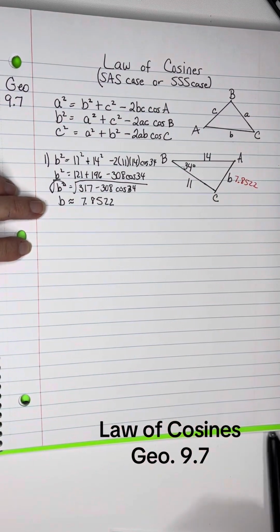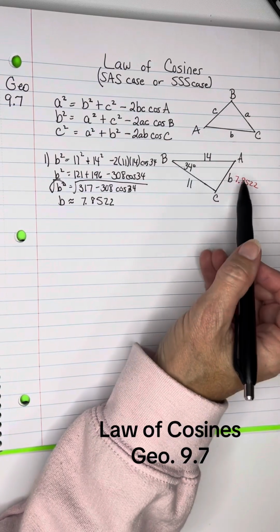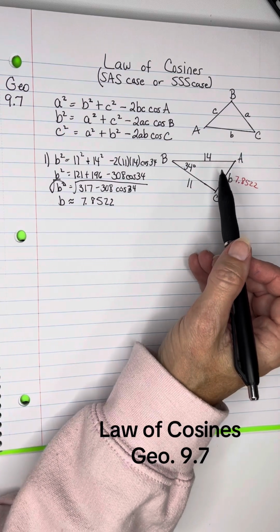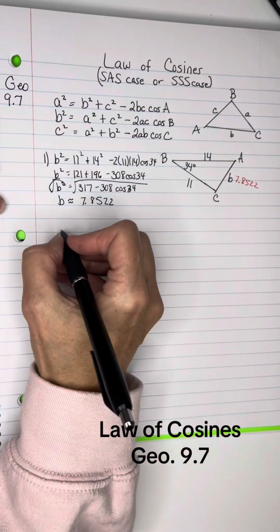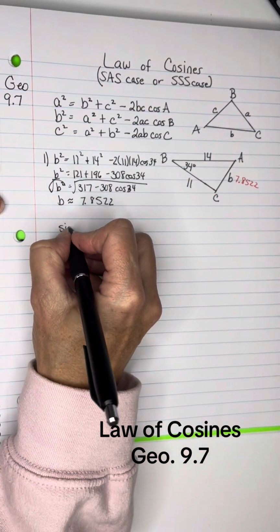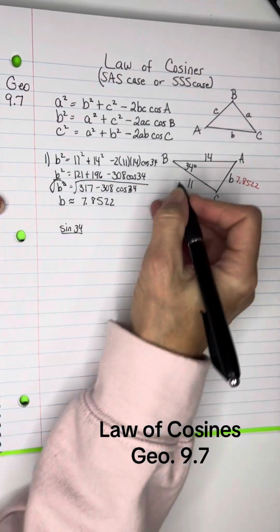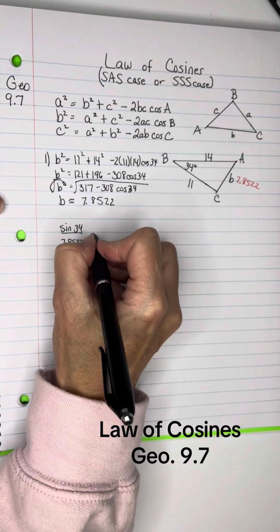7.8522. Okay, so now that I have the 34 in the B, I can go ahead and use the law of sines to get one of the other angles. So let's go after this angle A here. So I'll use the sine of B, 34, and I'll put it over the 7.8522.